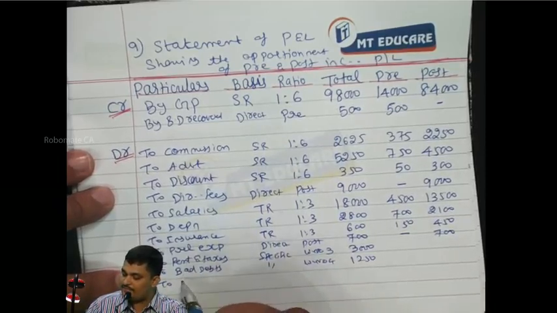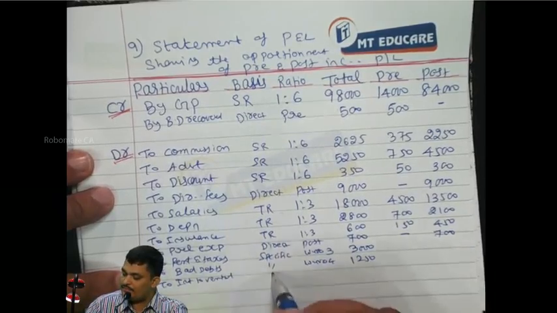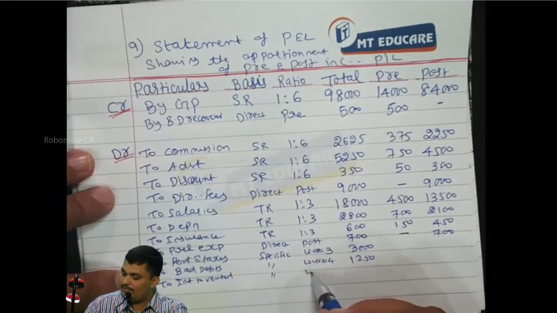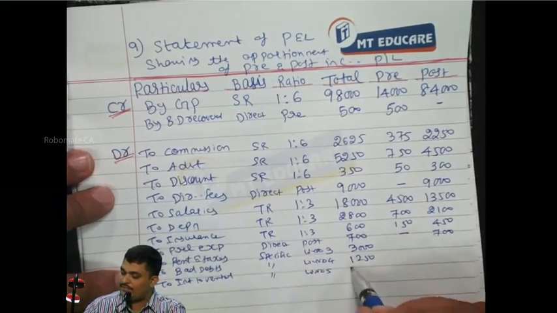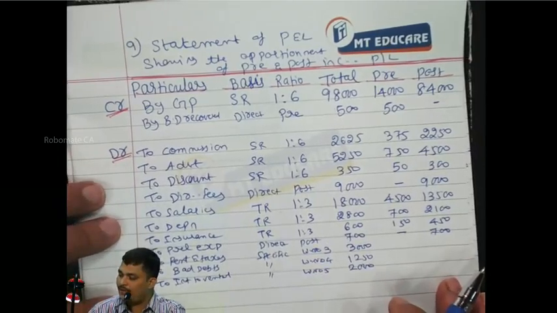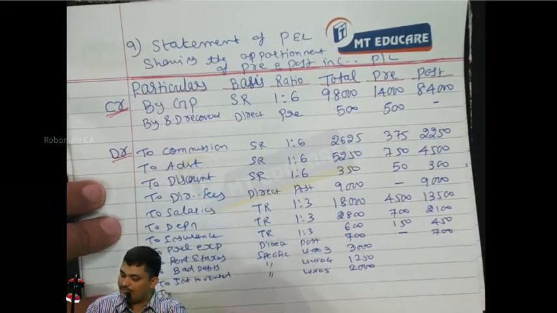Next, interest to vendor, working note number, 2000. Then we have audit fees.